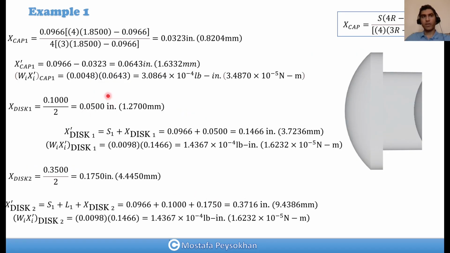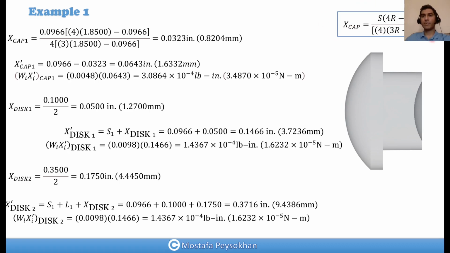So we start with cap 1. This is the equation that we have for x cap 1. As I mentioned before, x cap 1 is from here to here, from the plano-convex side. But right now we want to calculate it from here to there.